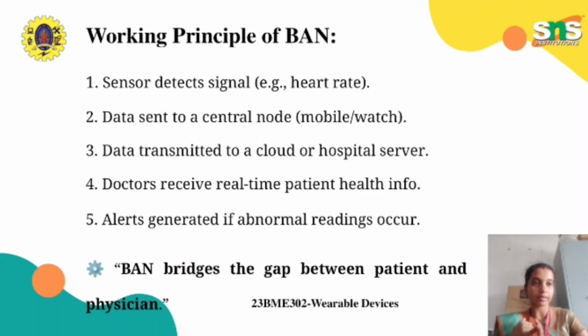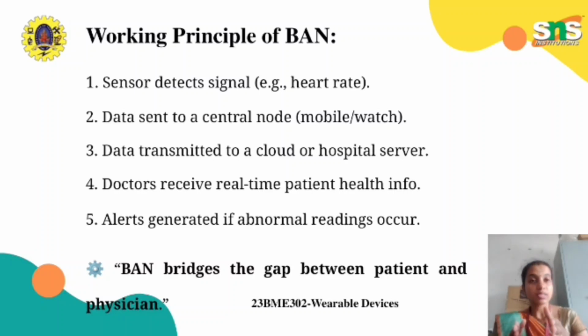First, the sensor detects signals. Example, heart rate, which we are going to check frequently. This data is sent to a central node, which can be a mobile or a smartwatch. Then the data is transmitted from the mobile to the cloud or a hospital server where we need an emergency.